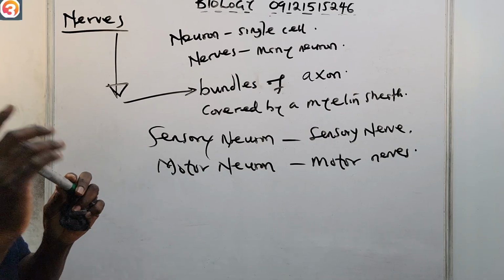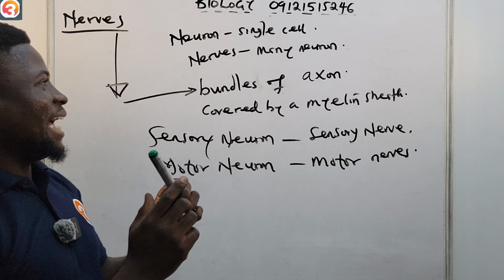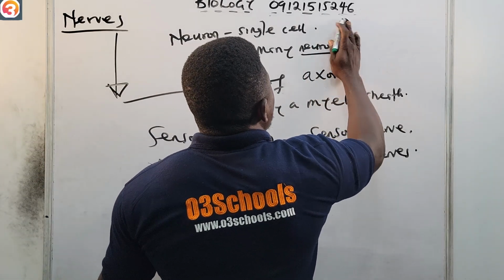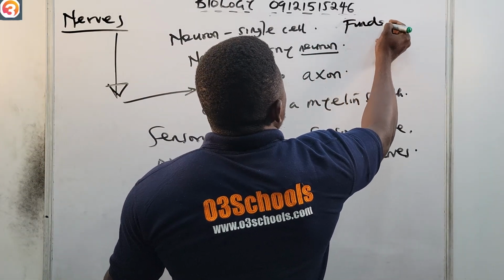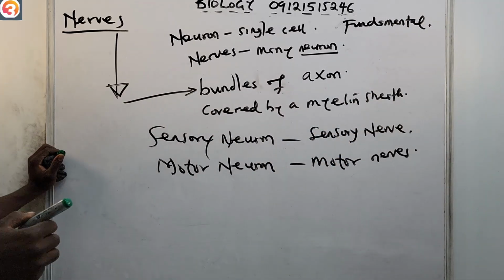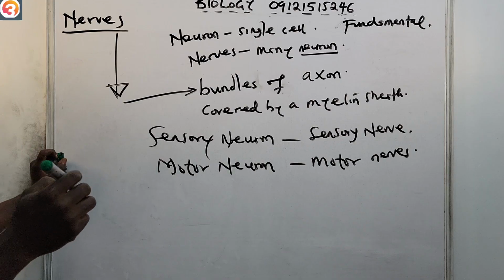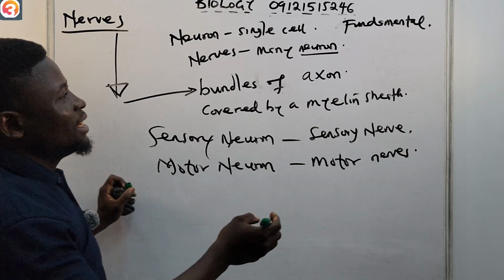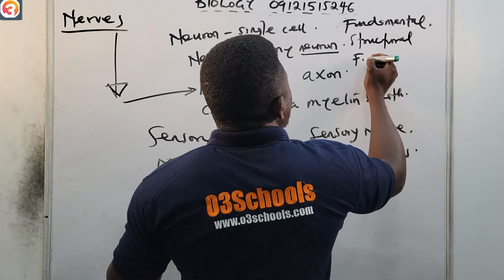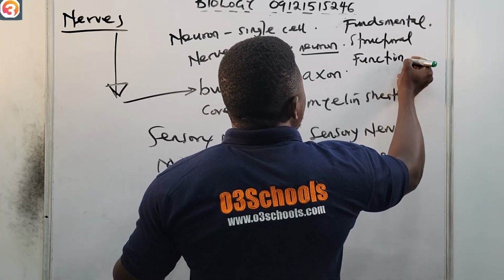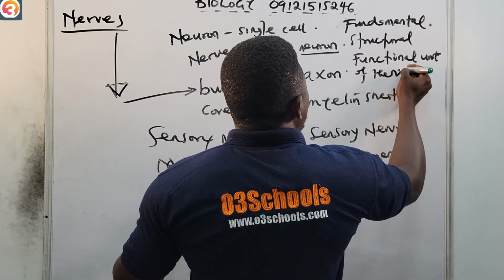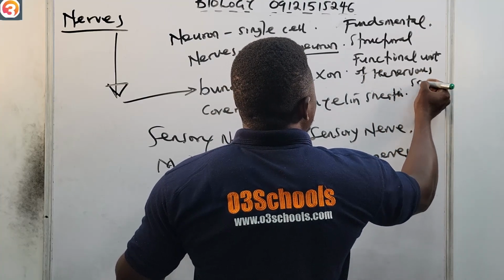It means that the neuron, this neuron we're talking about here, is the fundamental, the structural, and the functional unit of the nervous system.